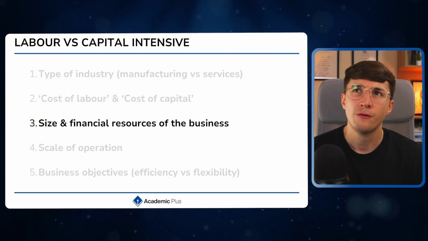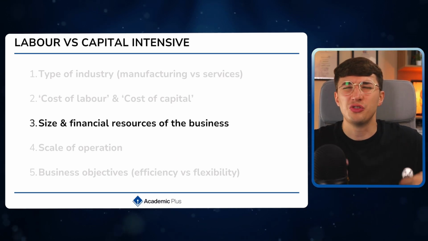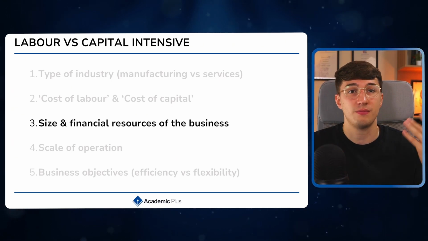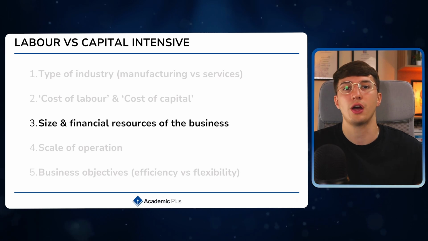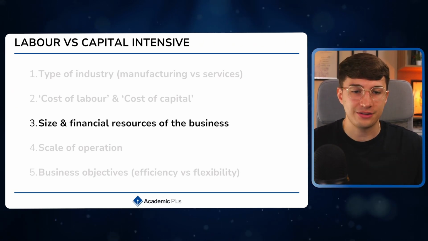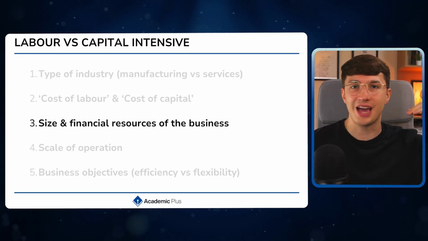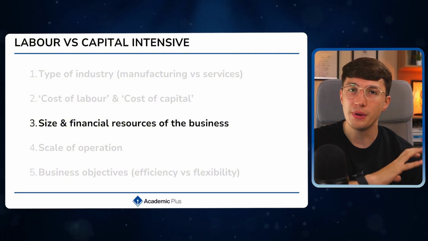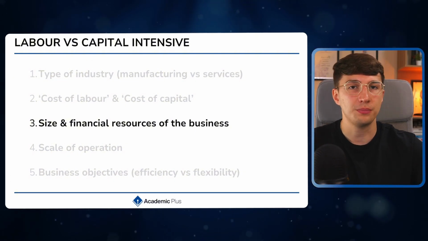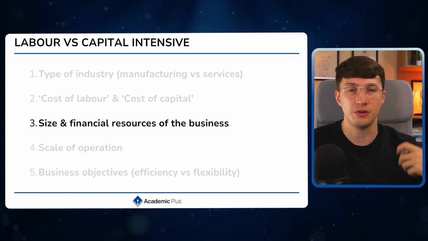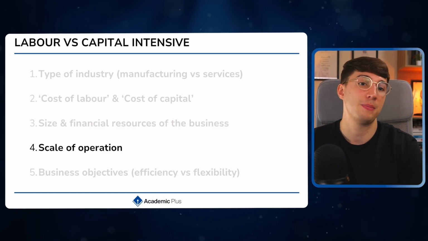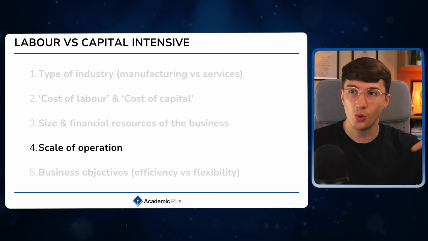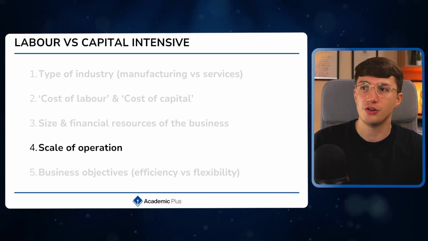As I said, for a new startup business who doesn't have a lot of cash to invest, then probably labour intensive is the way to go. But if you are a massive company, you're focusing on gaining economies of scale through technical methods by becoming more efficient, then adopting more machinery and automation and becoming more capital intensive may be beneficial. And of course as well, we're just going over the scale of operation.